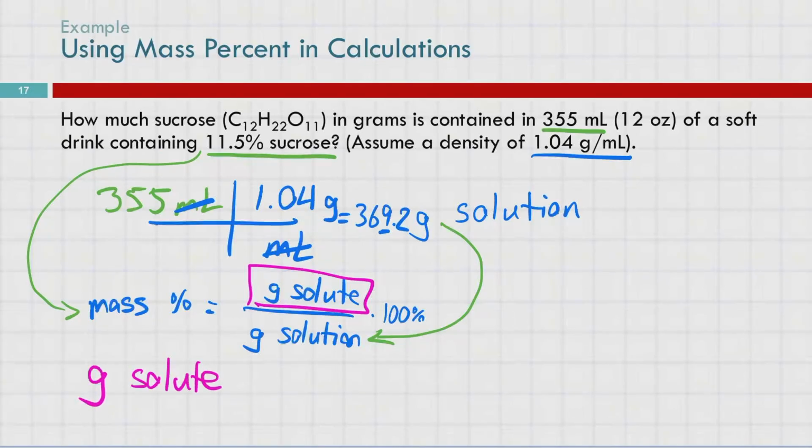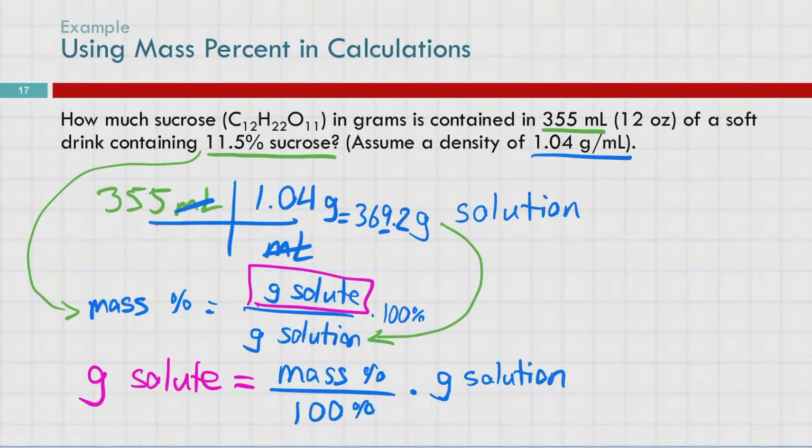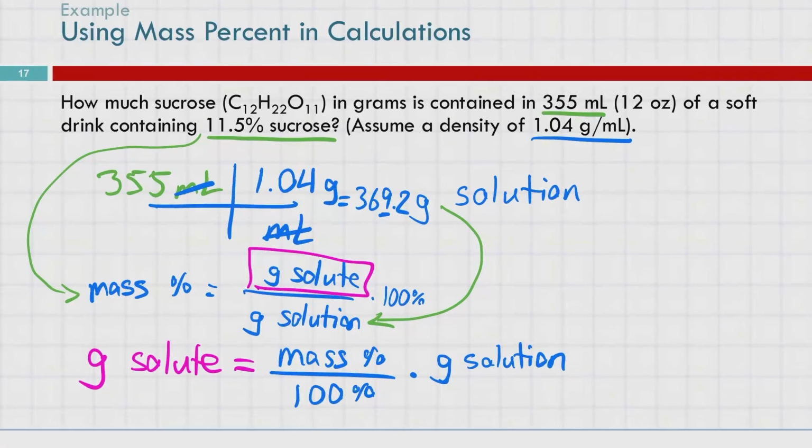If we do that rearrangement, we'll get grams solute equals mass percent over 100% times grams solution. So that means we're going to convert this mass percent into a decimal form. That's the dividing by 100%. I wrote it that way for a reason.